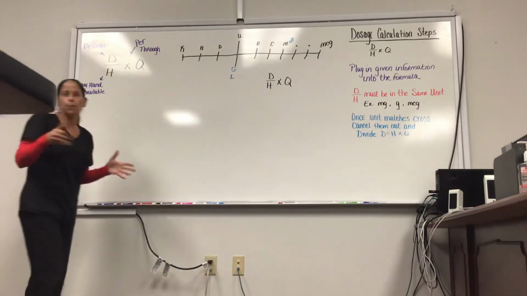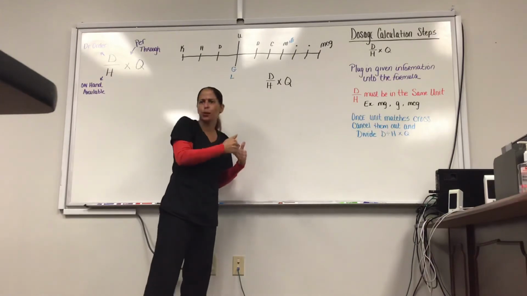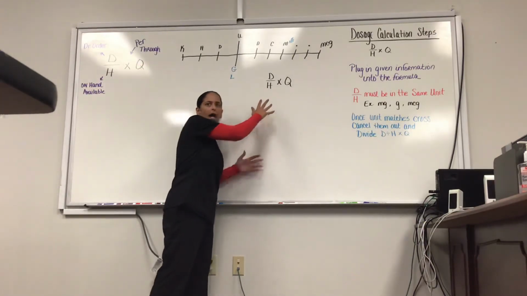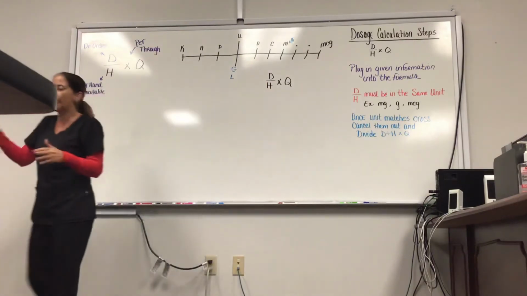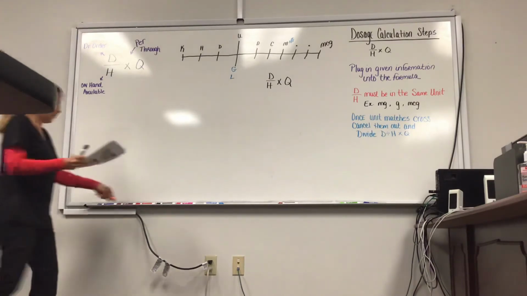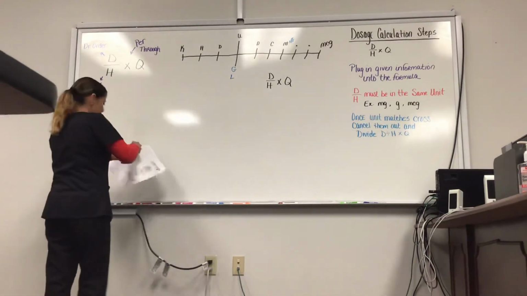The last one was a little bit easier because it was already in the same units. We didn't have to use our tick line and convert. It was automatically that we were able to cross cancel. On this one, it's going to be a little bit different.